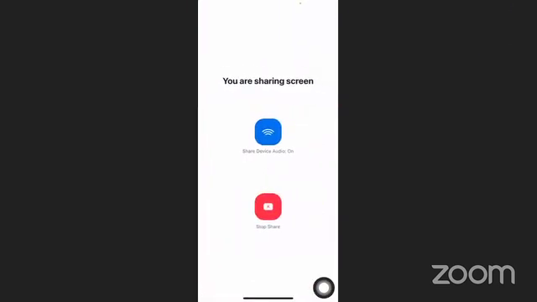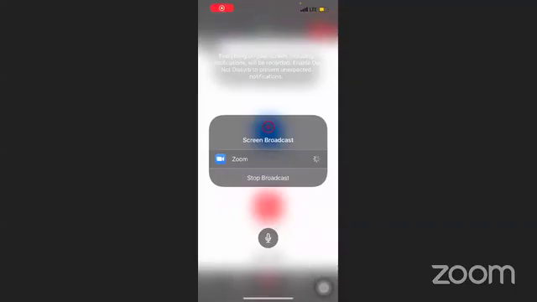Select the screen sharing option again. I think you're selecting the old screen, so that Zoom is also getting shared.